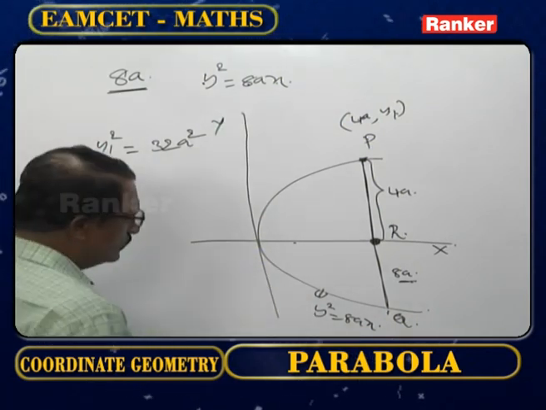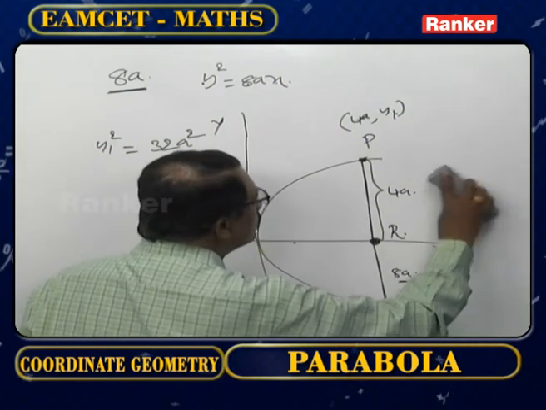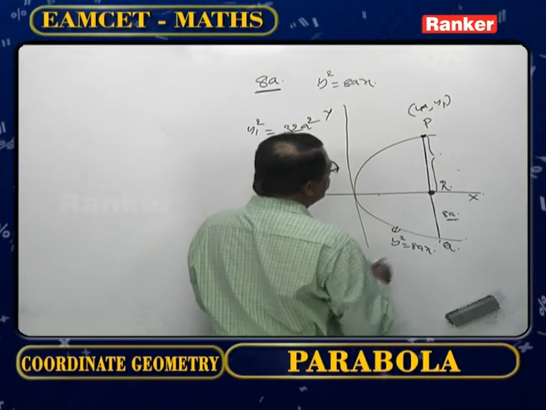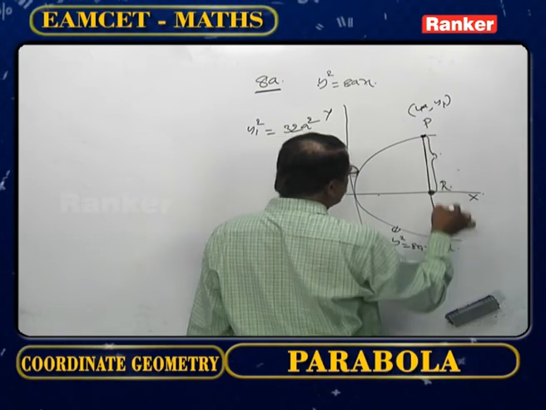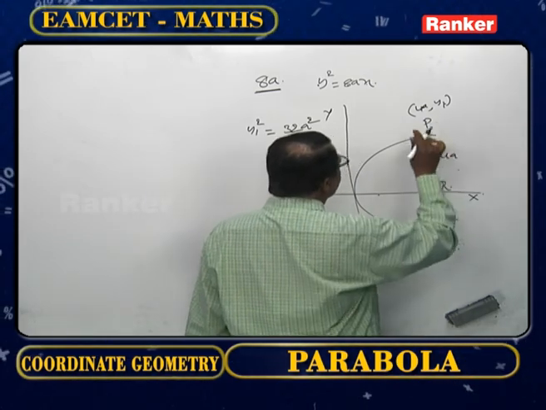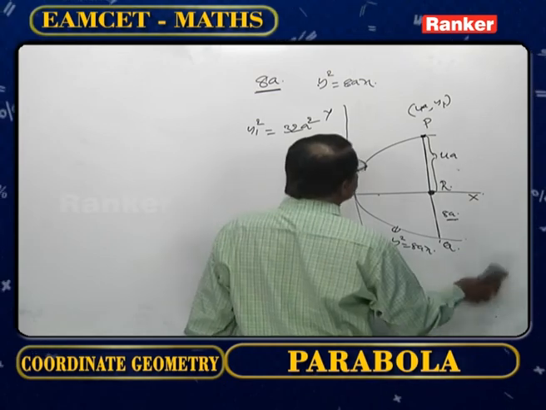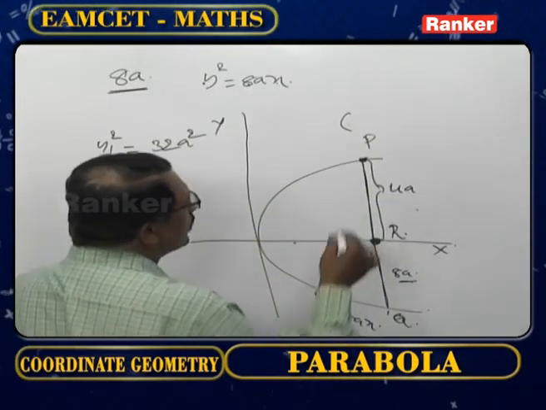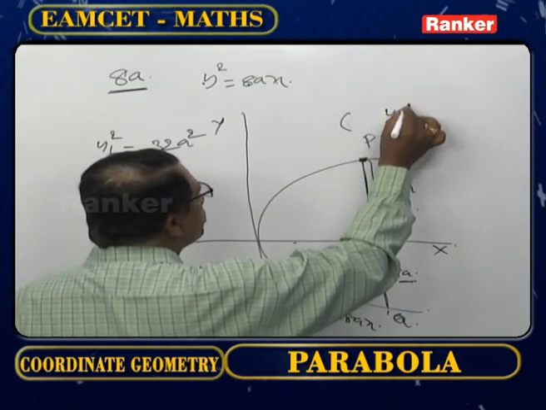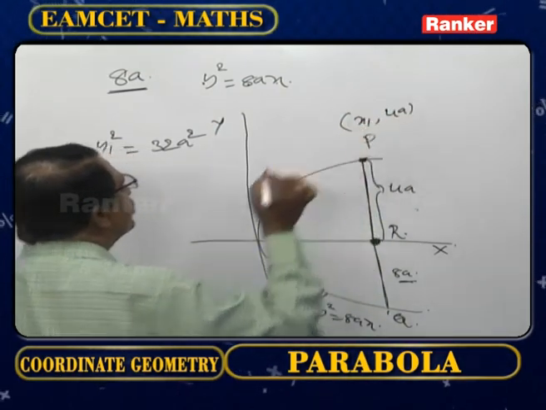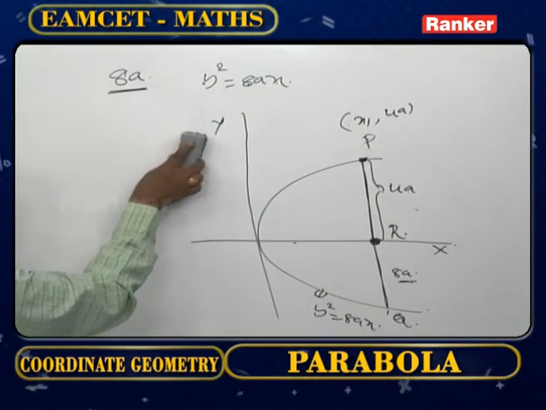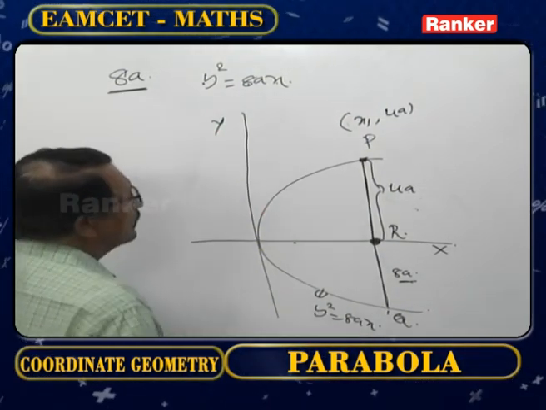Sorry, here the length of the double ordinate is 4a total. The y coordinate equals 4a. Consider the x coordinate as x1. The coordinates of the point P are (x1, 4a).